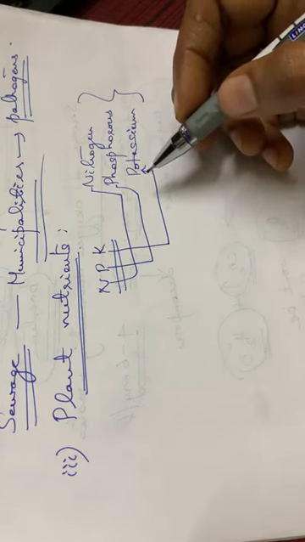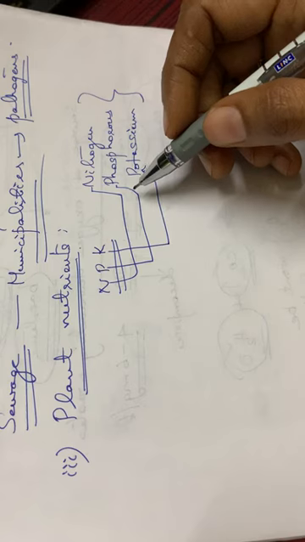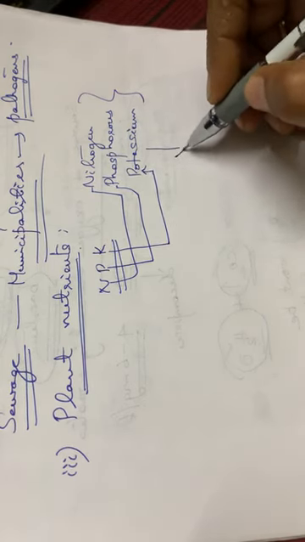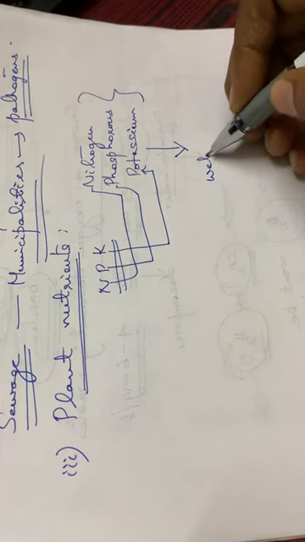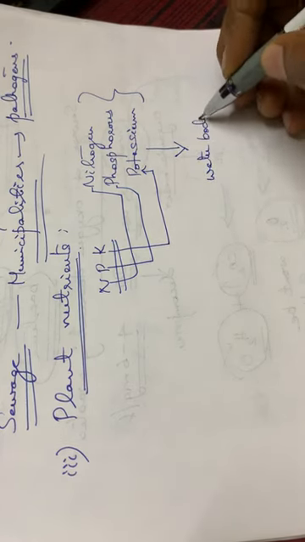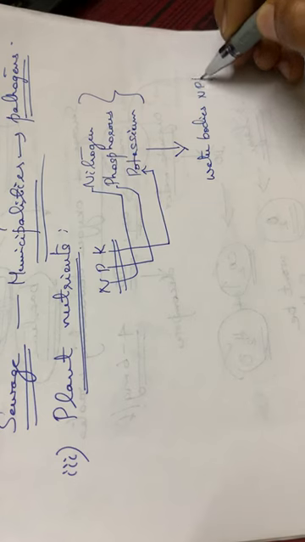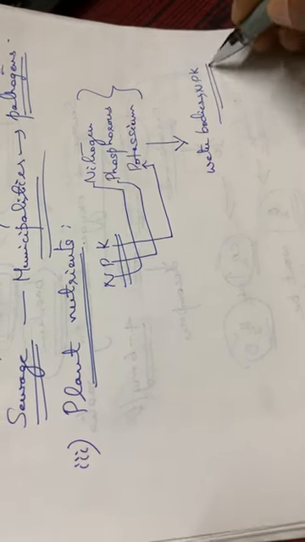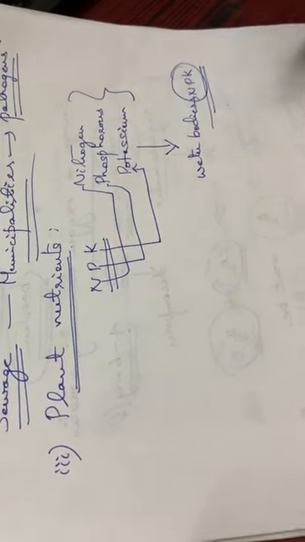When rain occurs, these fertilizers will be moving to the water bodies. So the water bodies will be getting an intake of this NPK, that is nitrogen, phosphorus, potassium. These are all plant nutrients.